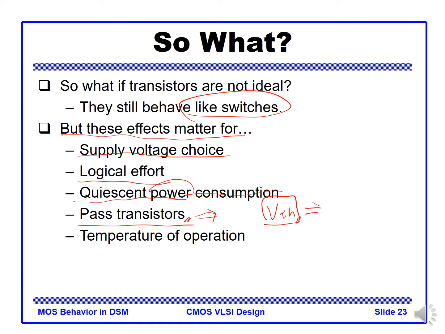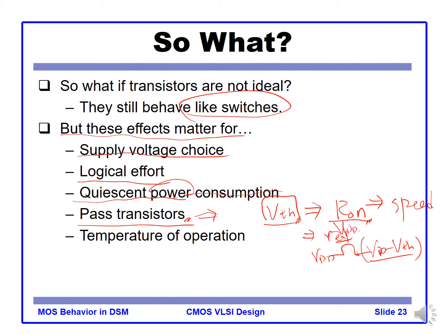That directly affects the on resistance, and that will determine the speed. And also the reliability, because the NMOS cannot pass the VDD strongly, right? The output goes only to VDD minus VTH, right?